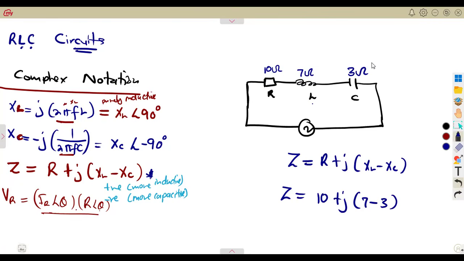They are not going to write it as a negative; you are supposed to know that the capacitor is negative. So Z is going to be 10 plus J, 7 minus 3, that's 4. As you can see, we've got a positive, meaning our circuit is more inductive, less in terms of the reactance of the capacitor, but in terms of the reactance of the inductor, it's much more.